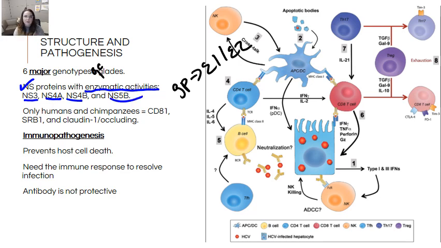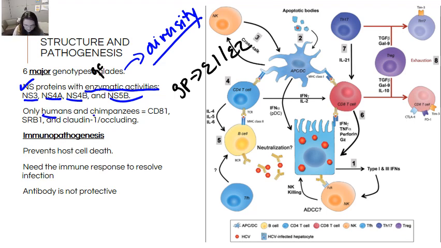And actually, a lot of the new anti-HCV drugs that we have to treat this infection are targeting these NS proteins. There's also a viral RNA-dependent RNA polymerase which is really error prone, which helps create that genetic diversity that then becomes a part of antigenic diversity. And that also makes vaccine design very difficult.